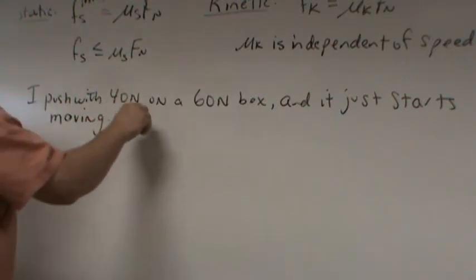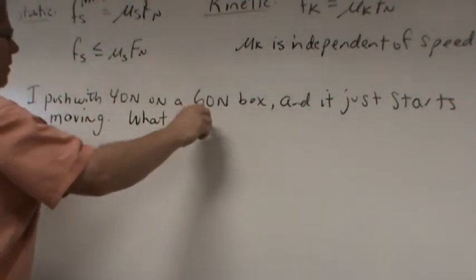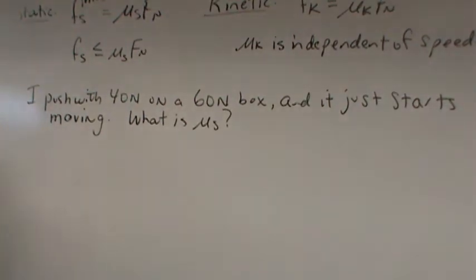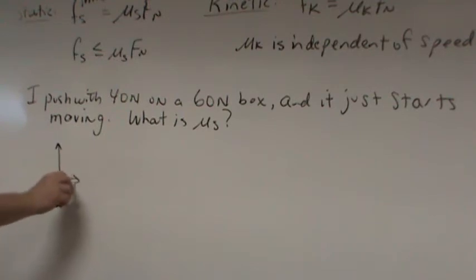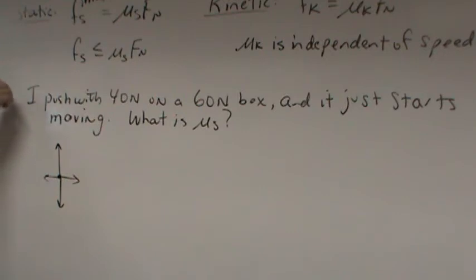My question to you is this: what must be the coefficient of static friction? And what do you suppose I'm going to tell you to do first? Hope you're thinking free body diagram. Absolutely. Do the free body diagram, and then sum the forces in the x and y directions. Good luck. I'll give you like 2 minutes to do this. Then we'll move on. This is example number 1, by the way.